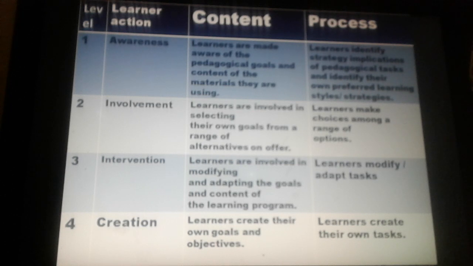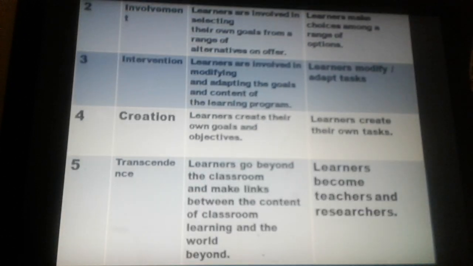Here learners, for example, as I said, take a project work and deal with it, gather the information, following many different steps until the final outcome, and discuss it with others, etc. It may be a report or a presentation, many different activities that the student should take to develop and be an autonomous learner. The last level, level 5, is transcendence.